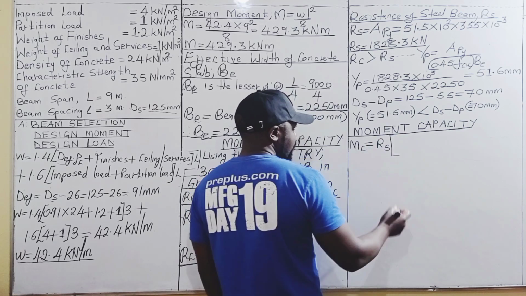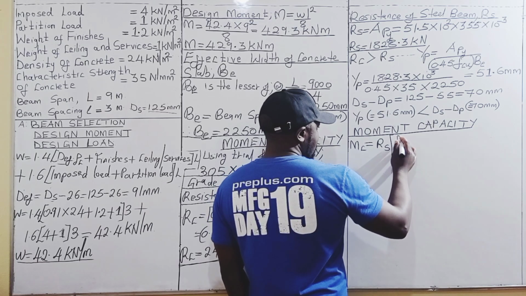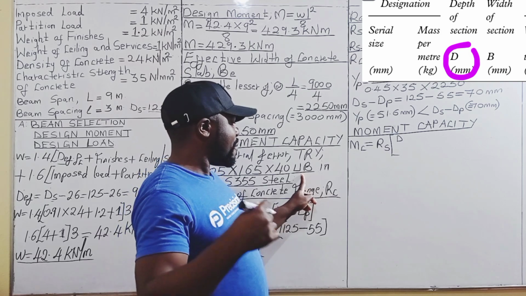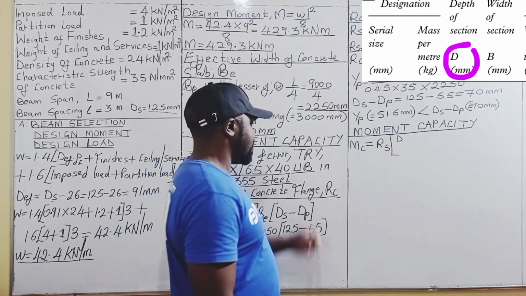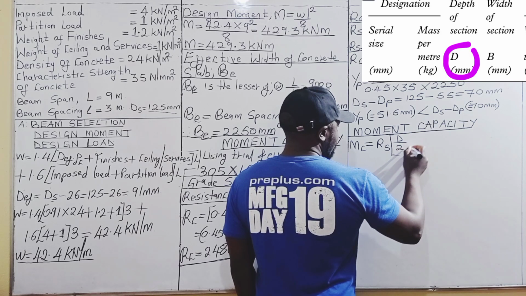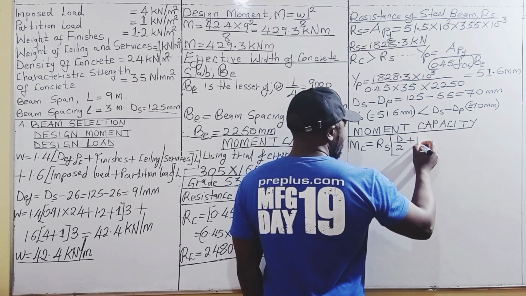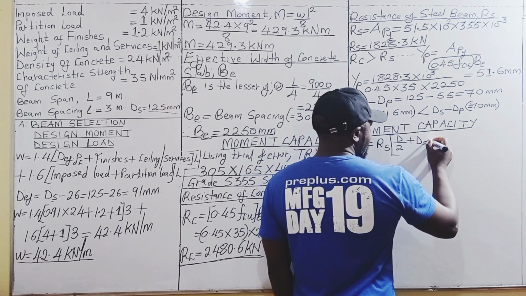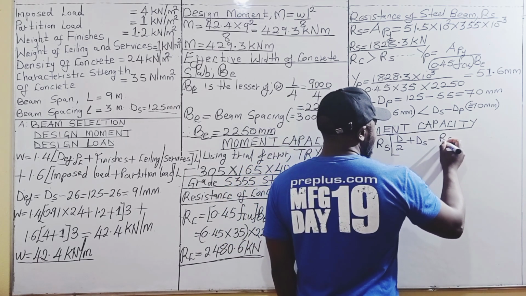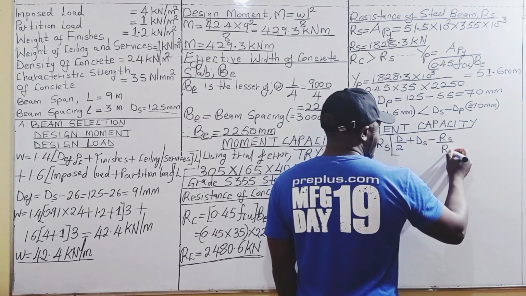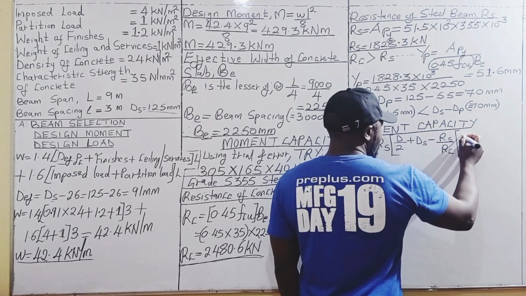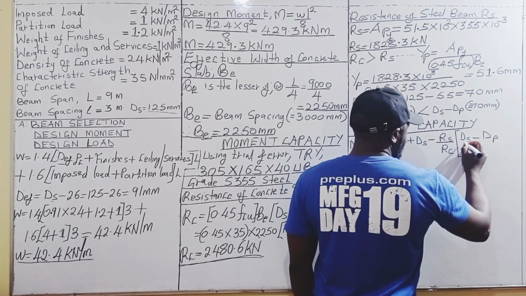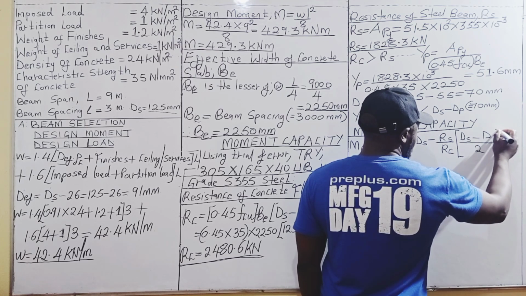rs into d, that is the depth of the UB section from appendix B of BS 5950. We divide that by 2. Then we add this to ds, the depth of the concrete slab, minus rs divided by rc into ds minus dp divided by 2.